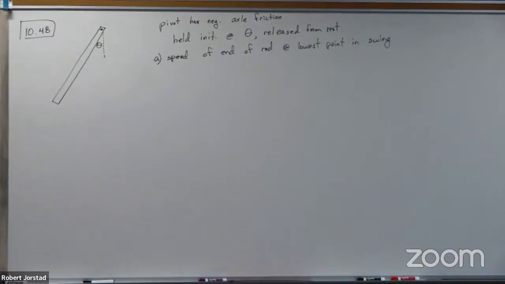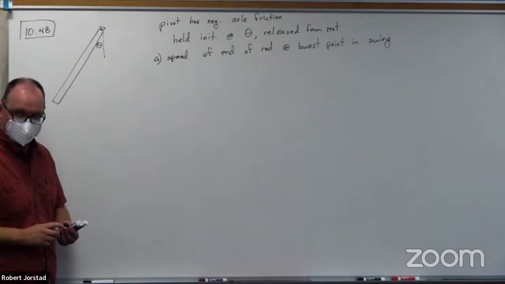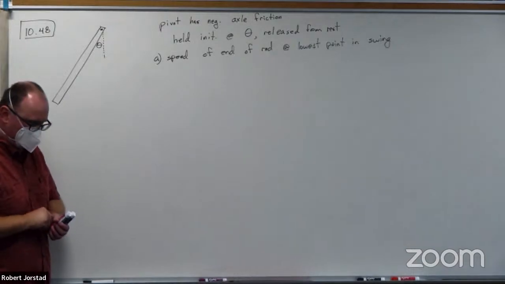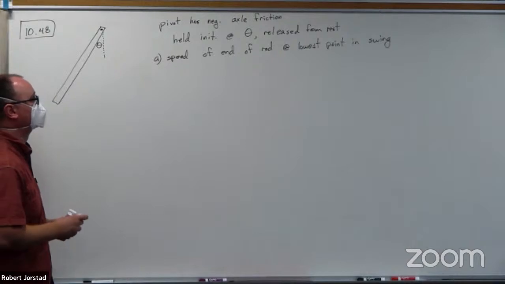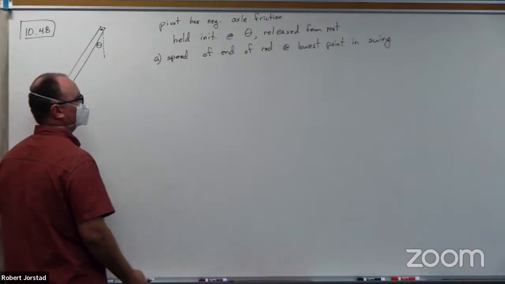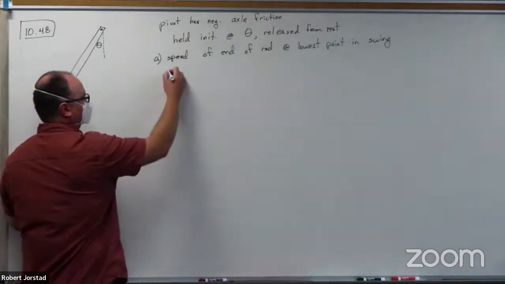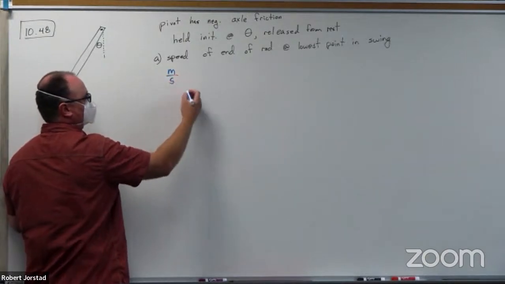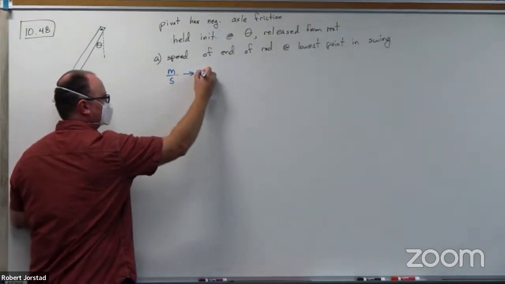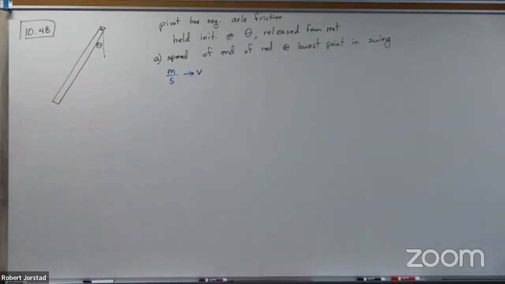I need some information from you. When I say the word speed, what variable do I usually mean for speed? Meters per second. That's the units of it, which is what variable? V. Now, the trick is a lot like the last problem.